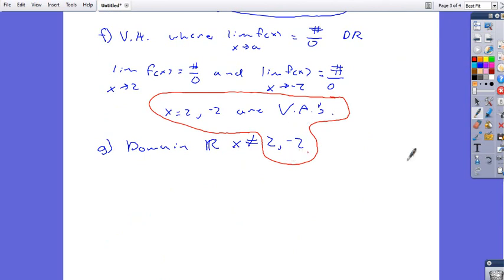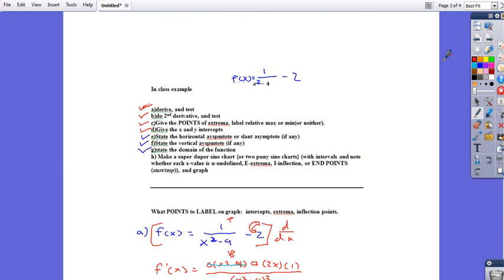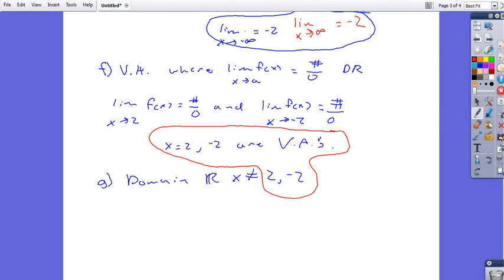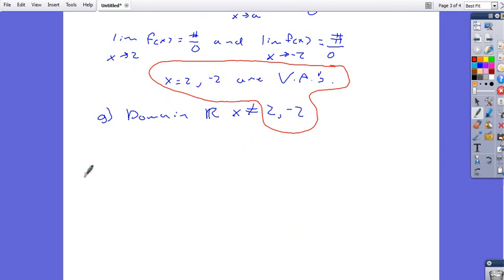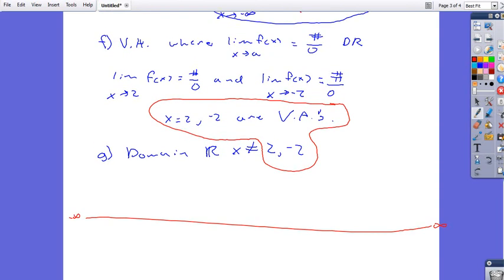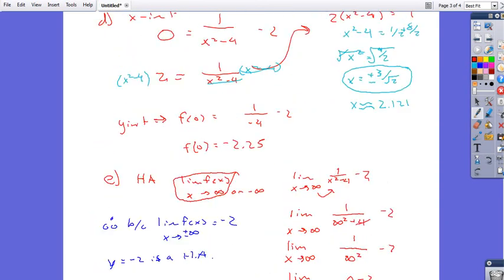Alright, so now let's go about making our super duper sign chart and graph. From negative infinity to infinity, we have a lot.